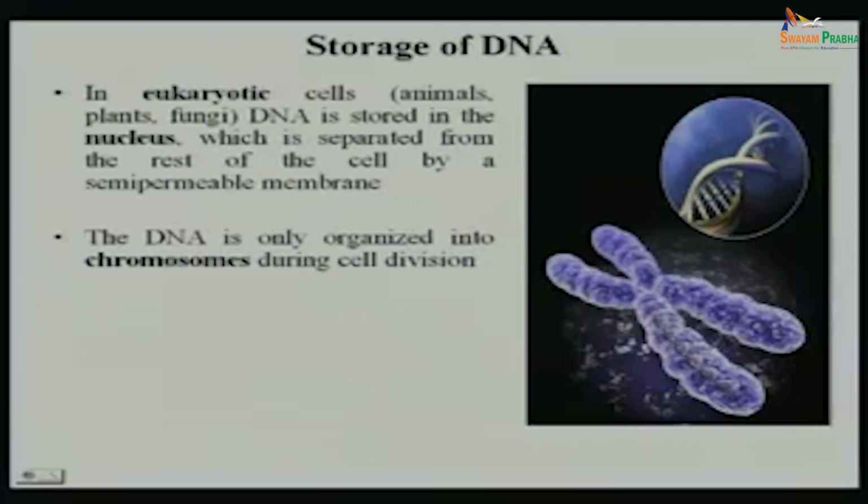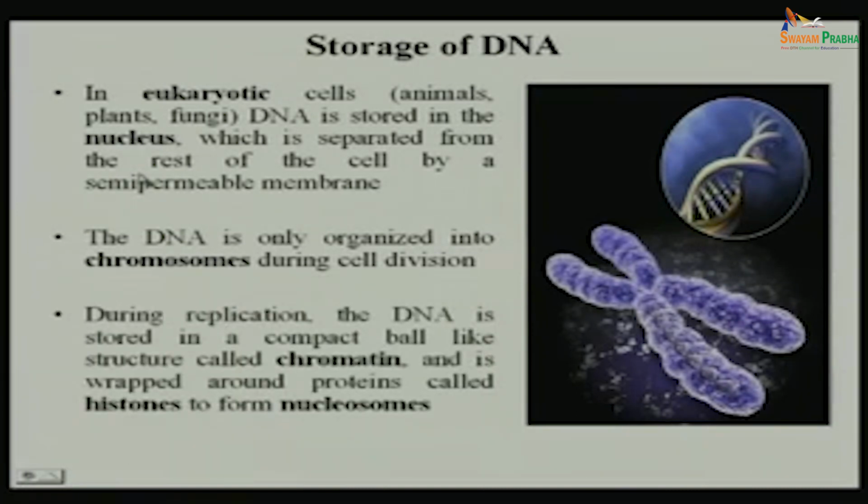If we see the other properties, the storage of DNA in eukaryotic cells, mainly animals, plants and fungi: DNA is stored in the nucleus, which is separated from the rest of the cell by the nuclear membrane, and within that the cell sap is called nucleoplasm.